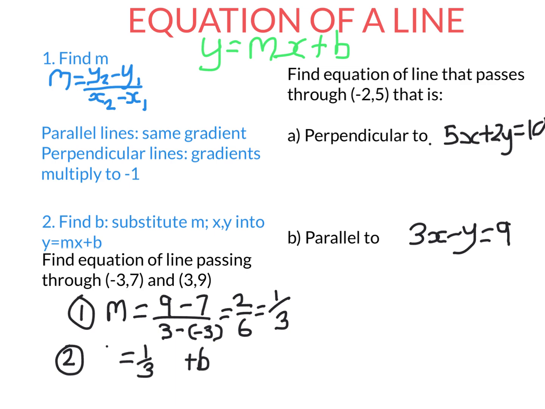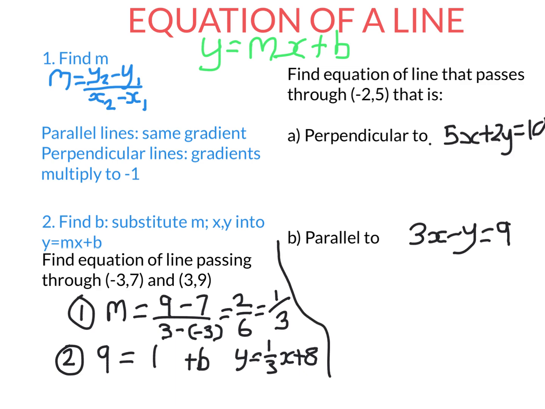So I get y equals m times x plus b. Now, of course, a third times 3 is just 1. So really, I have here 9 equals 1 plus b. That, of course, means that b equals 8. So the equation is y equals (1/3)x plus 8. Then I'm done. I've got the equation of the line.